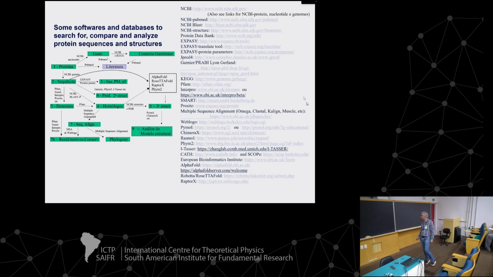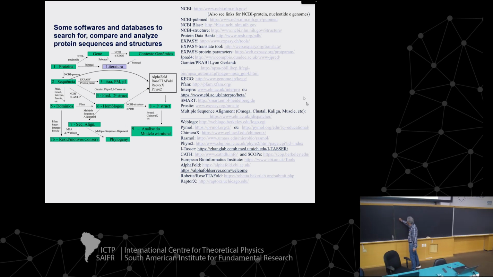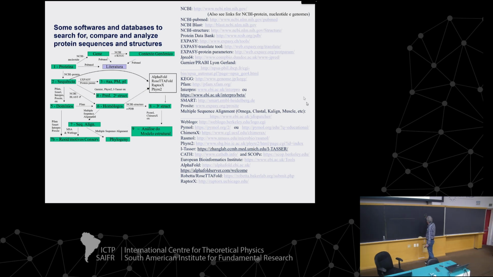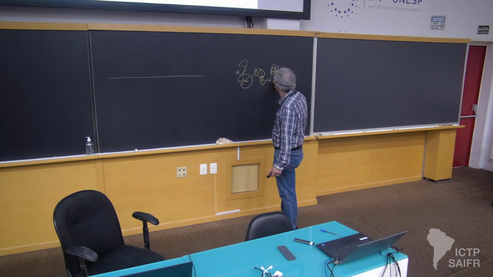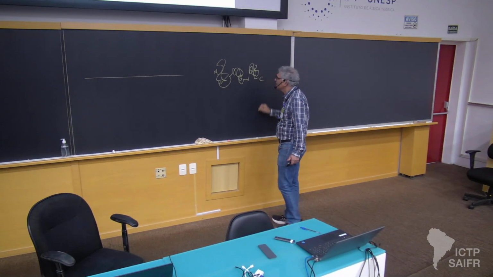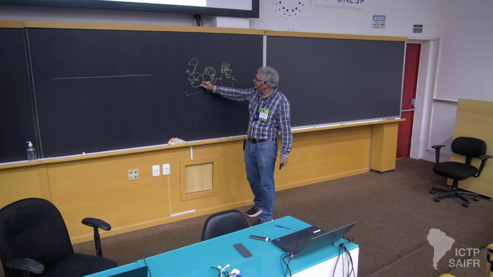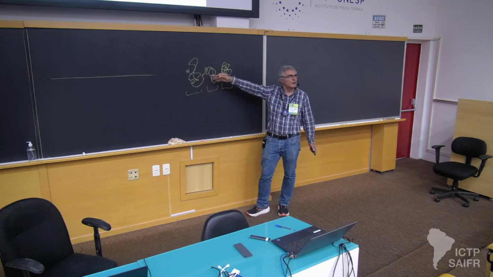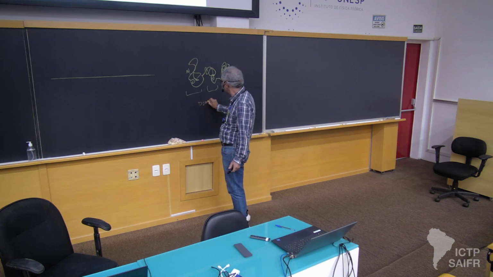I didn't talk about domains before, but you have a sequence of a protein, and it folds up into its tertiary structure. But often, this tertiary structure might be sort of like this. There's the amino terminus and the C terminus here. And there might be different parts of the protein that seem as if they can fold on their own, independent of the rest.